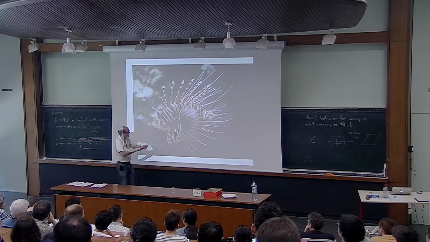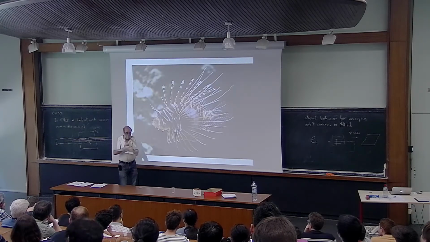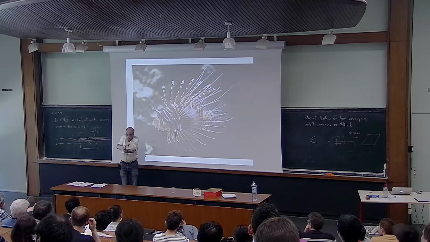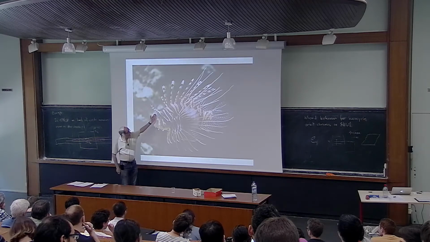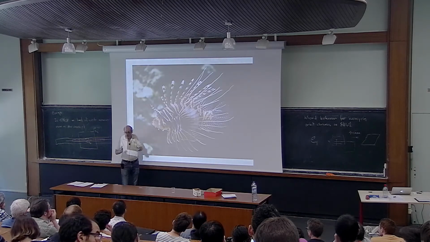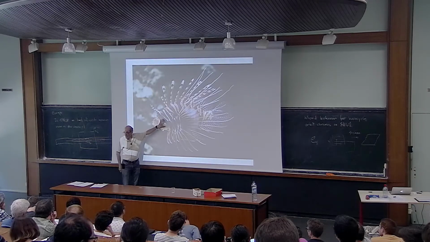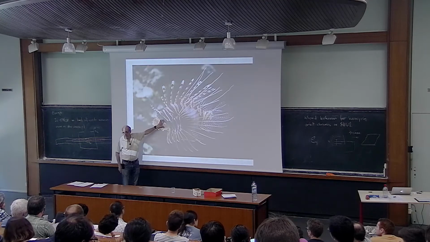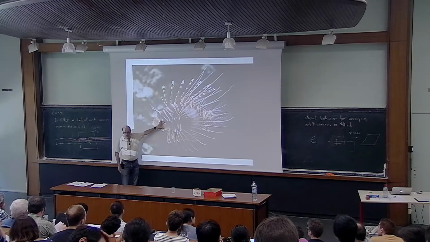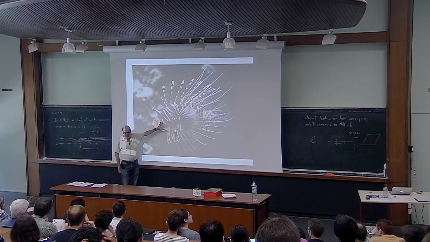You can imagine pushing by the trimmer, and those are the spikes, but maybe the surprising thing is that even after doing all those spikes, there is some point whose orbit closure is the whole spiky fish. Okay, so this is an orbit closure of a single orbit. That's the surprising thing.